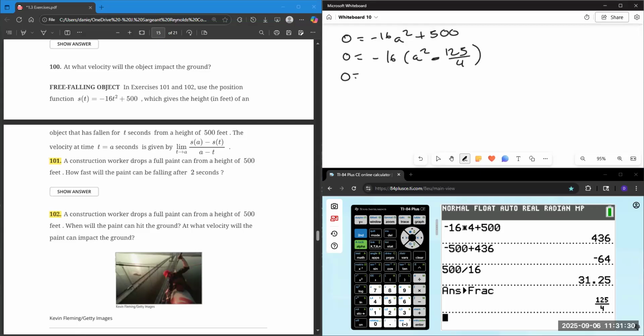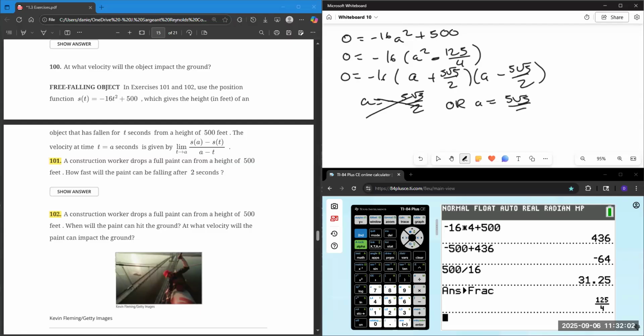So this is 16 times (a plus 5 root 5 over 2)(a minus 5 root 5 over 2). And then a equals negative 5 root 5 over 2 doesn't make sense since it's the time. Or a equals 5 root 5 over 2.